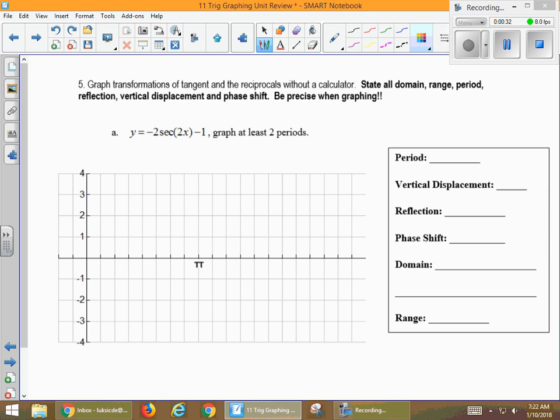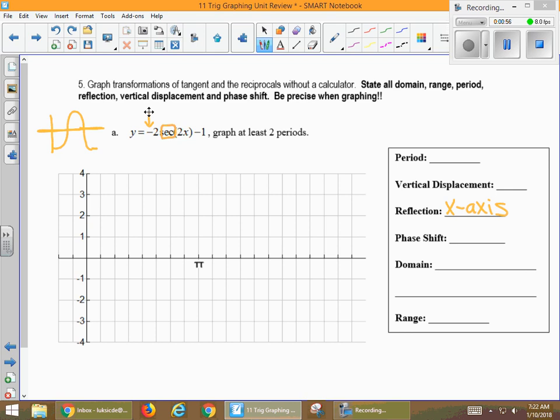The negative out front is going to make a reflection over the x-axis. And since we're working with secant here, I'm going to start with cosine. So cosine reflected is going to start at a minimum and go to minimum, max, and then back in one period.